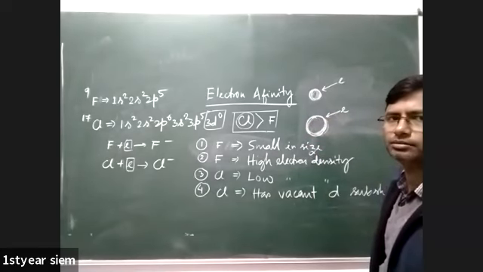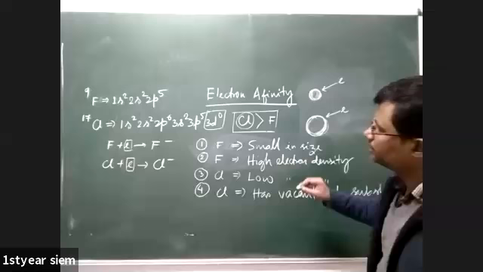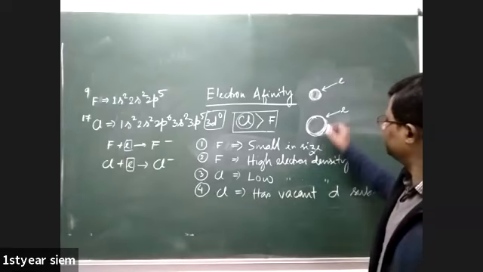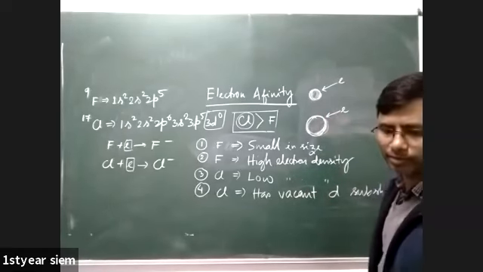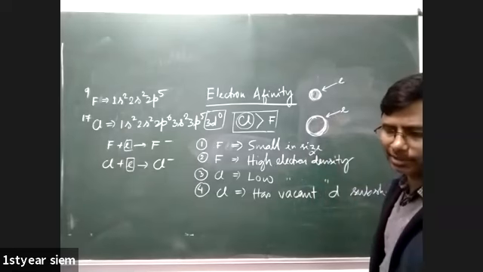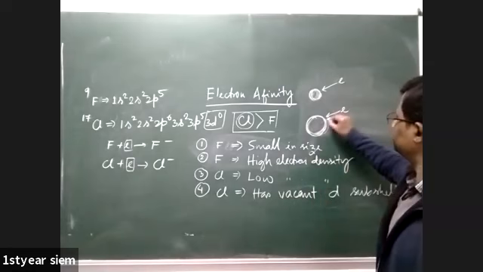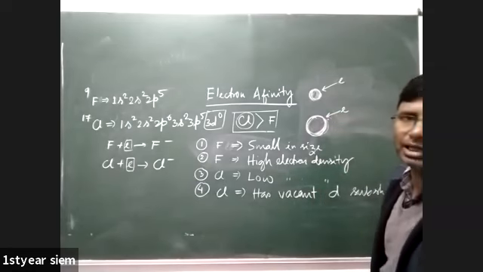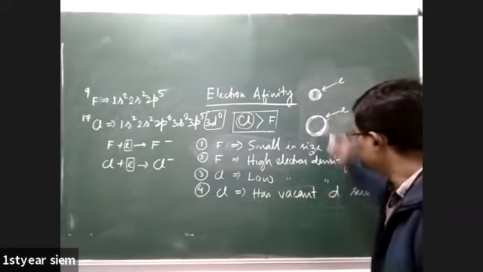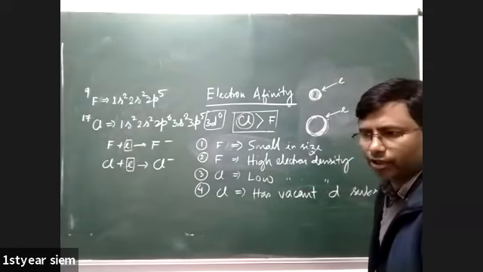Right? Yes, sir. So if there is a vacant D subshell, then the electron density is low, and the repulsion between the incoming electron and the existing electron is very low.